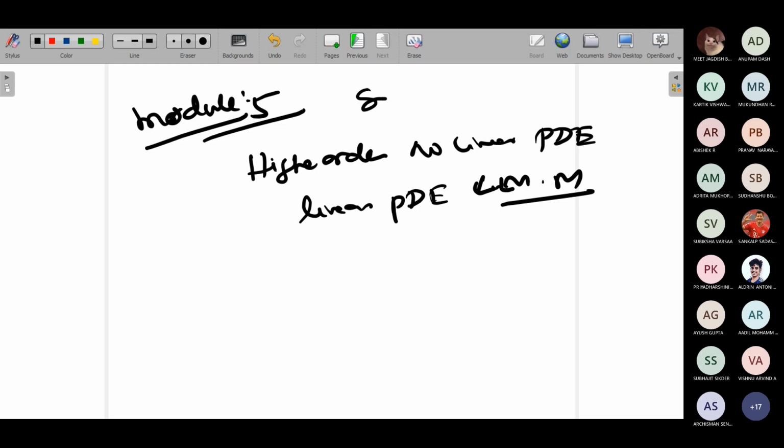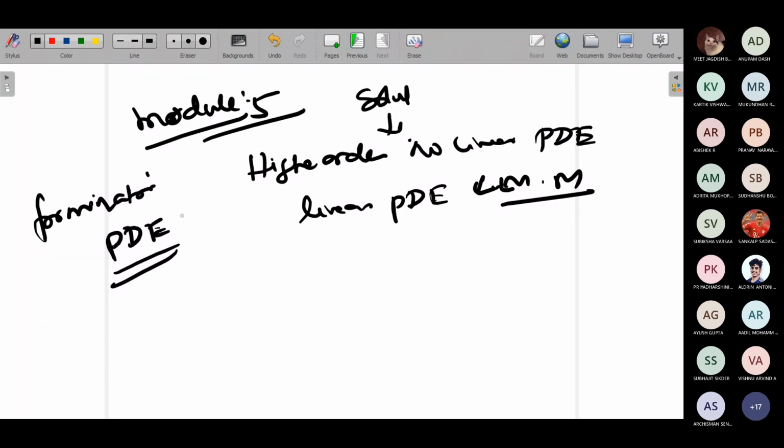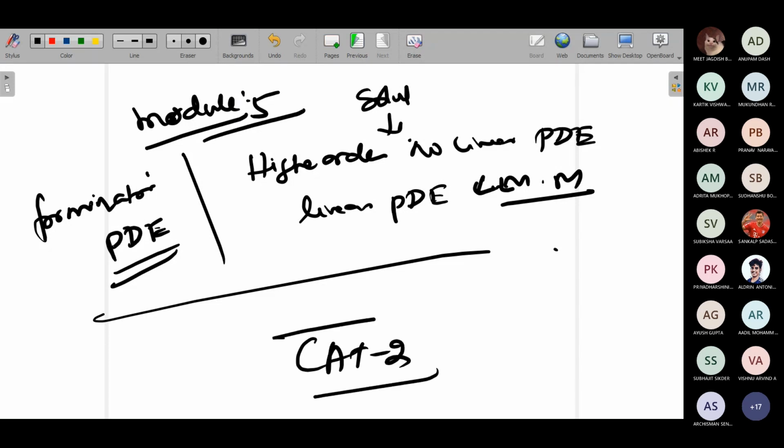Other than that, finding the solutions. These all are finding the solutions. Then forming the PDEs, formation of PDEs. This was the starting topic. Formation of PDEs by eliminating arbitrary constants, by eliminating arbitrary functions. Is it clear? So these all are there for your CAT 2.